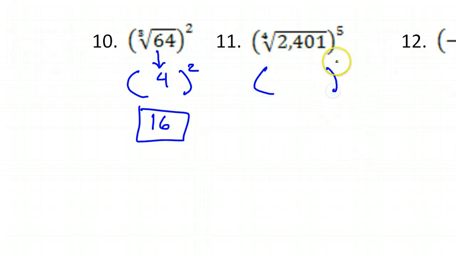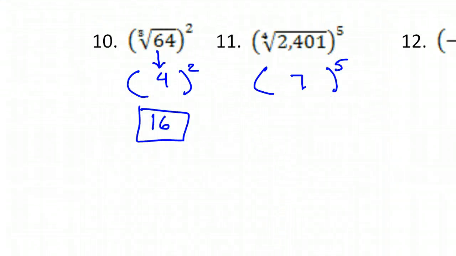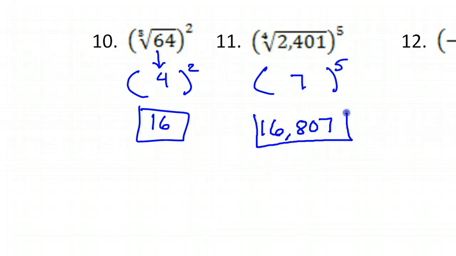So I have 7 to the fifth power. I don't actually know that off the top of my head, so I'll look back at my chart again and do 7 squared, third, fourth, fifth power. So there it is, 16,807. That would be our answer to number 11.